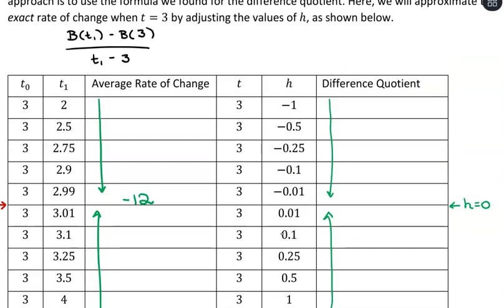So plugging in, if we're thinking of this b of t plus h minus b of t over h, what we're doing is we're setting t to be equal to 3. So that's a value that's going to stay the same for each of these, and then h is going to be my variable that's changing value to value as we go along the table.